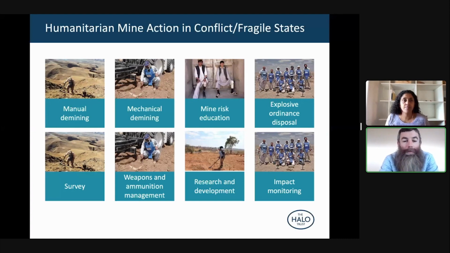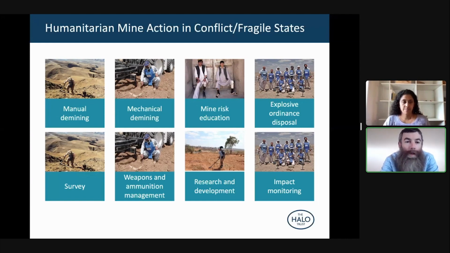We have core business. This is what we've been doing for 30 years. So manual demining, mechanical demining. We work in the communities where we're clearing on mine risk education. There's a significant EOD component, so explosive ordnance disposal. Things get blown up, there's always going to be contamination and environmental degradation as a result of that.